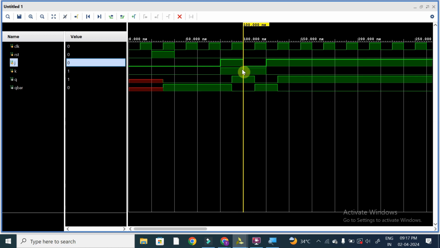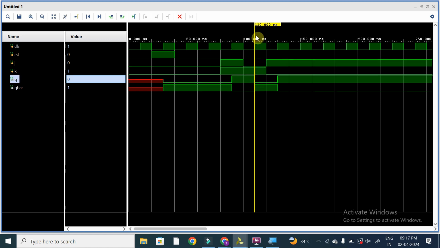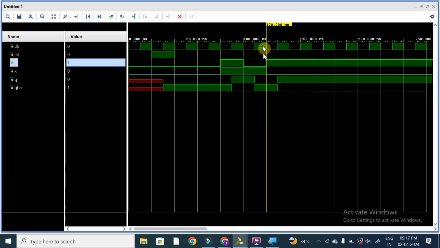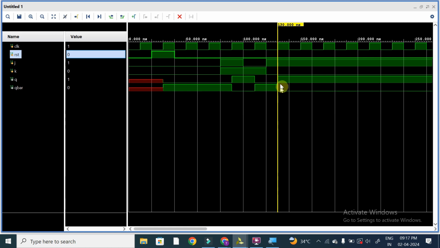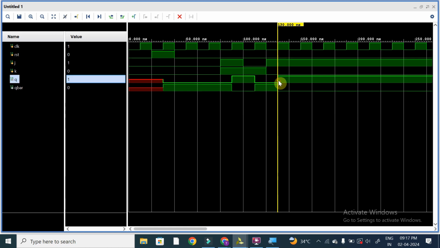That is the reset condition, so q is getting 0 at the positive edge of the clock and q bar is equal to 1. And again, j is equal to 1 and k is equal to 0, I am giving at negative edge of the clock. So at the positive edge of the clock, I will get the output q is equal to 1 and q bar is equal to 0.